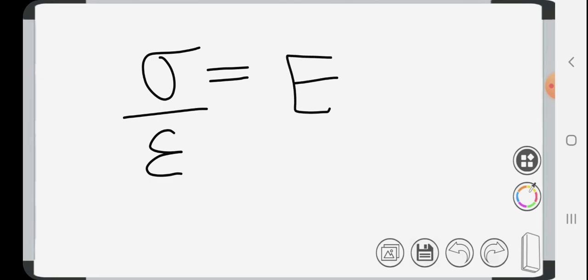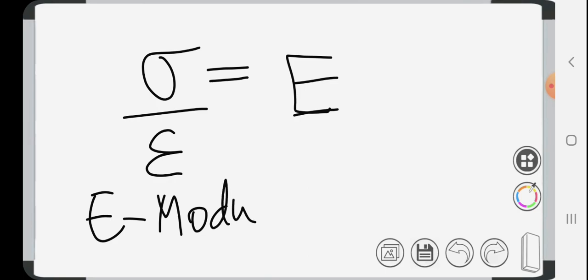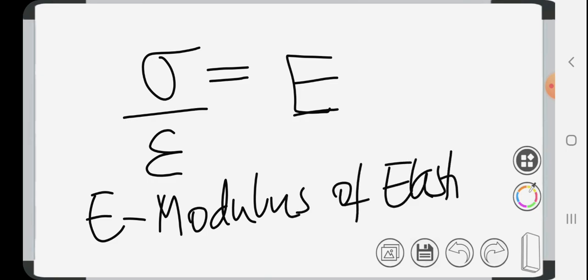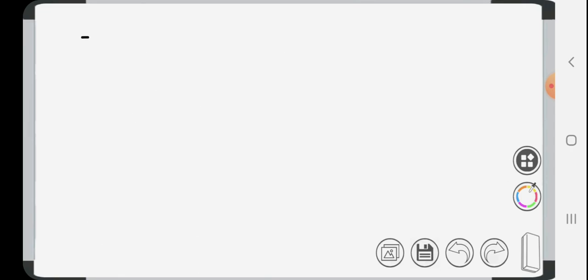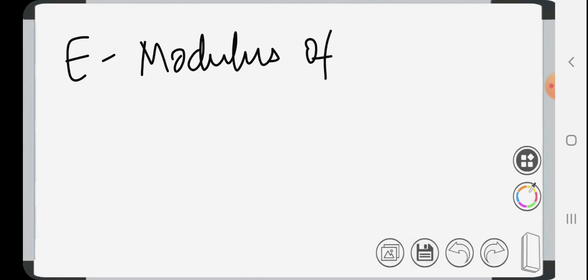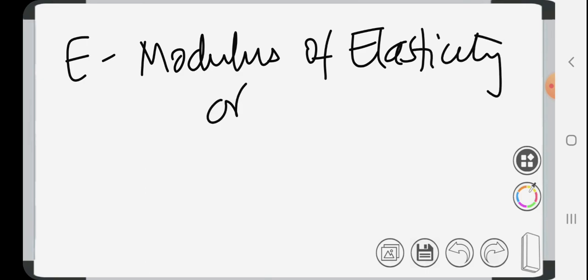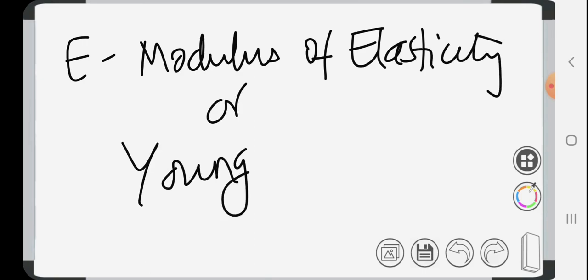E. So the constant is called E. This constant E is called the modulus of elasticity, or another name is Young's modulus.